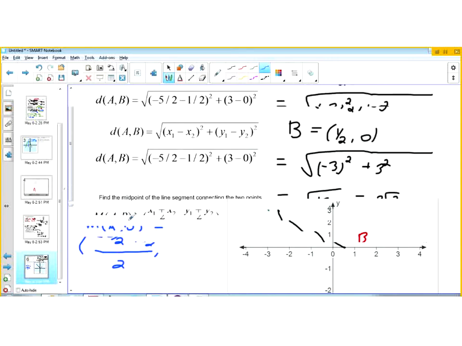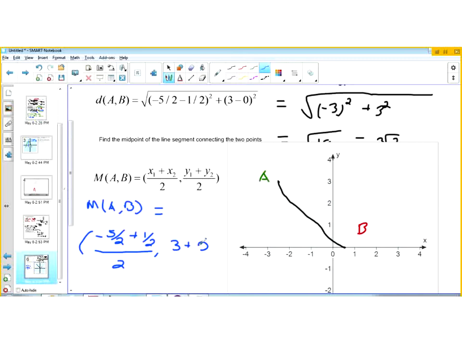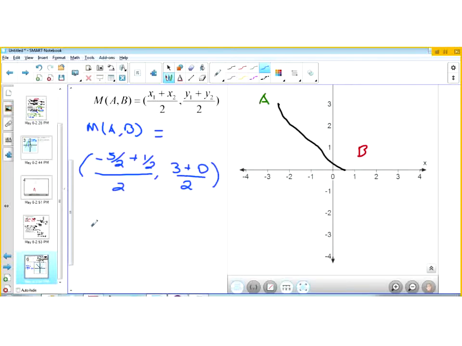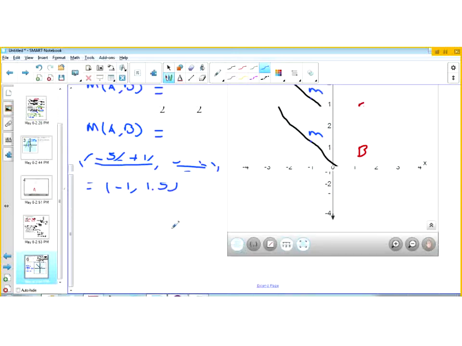The ordinate would be 3 plus 0 divided by 2. And so when we simplify that, the numerator for the abscissa is negative 4/2, negative 2. Negative 2 divided by 2 is negative 1. And 1.5 would be the ordinate of the midpoint. So we can plot that. Negative 1, 1.5. Oops, where did my cursor go? So there's our midpoint right there. Okay, so that's it in a nutshell, the midpoint. All right, not too bad, right?